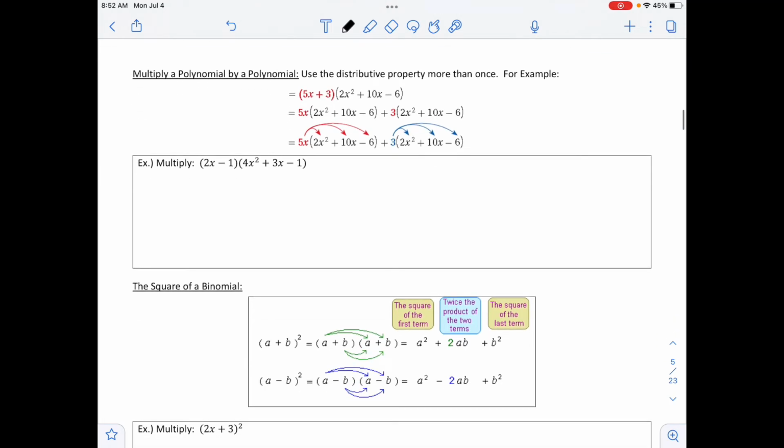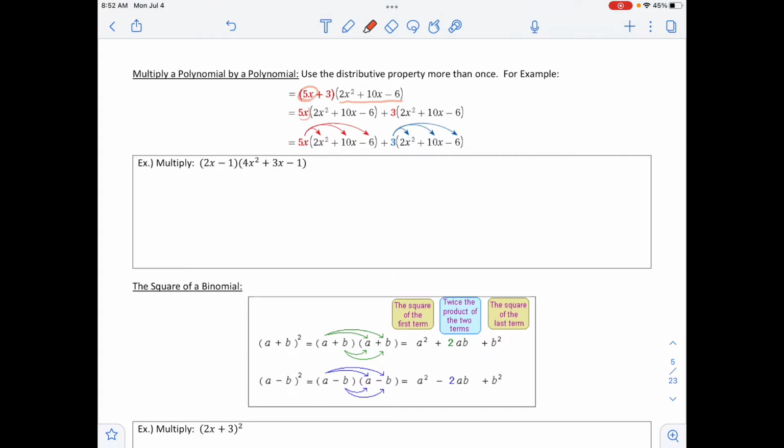We can extend this idea of FOIL to larger polynomials, but it's going to be called a double distribution property. We're going to use the distributive property more than once. For this one example that's shown here and worked out, we are going to go ahead and multiply 5x times everything here in our second parentheses.